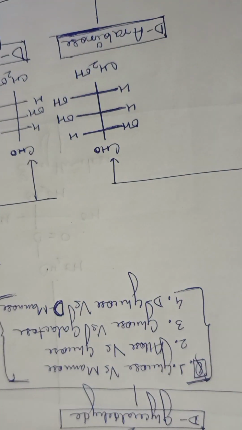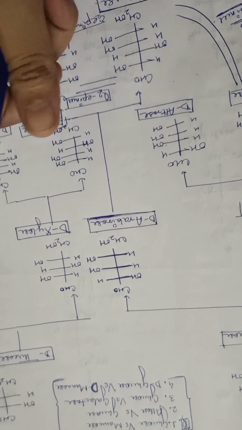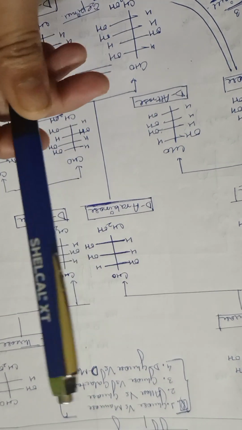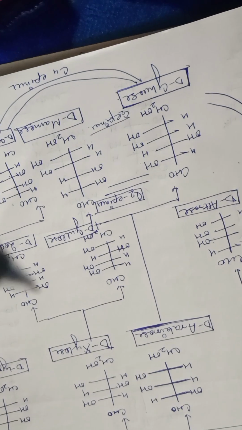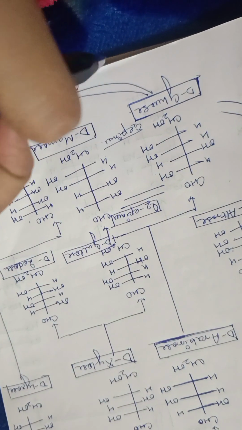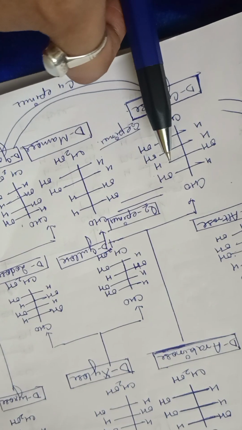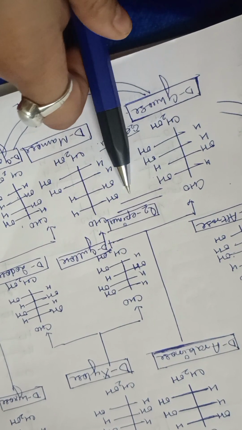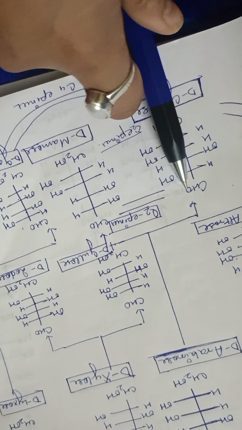You need to remember the structure of glucose and of mannose, and as you remember them, you can say what epimer it is. So glucose is this, mannose is this. You can clearly see that there is a change in the C2, carbon 2. So they are C2 epimers.